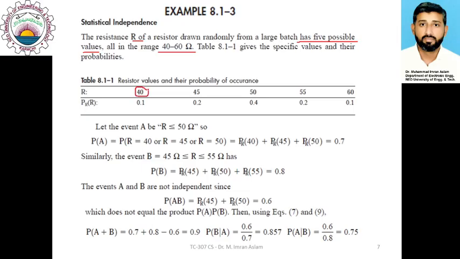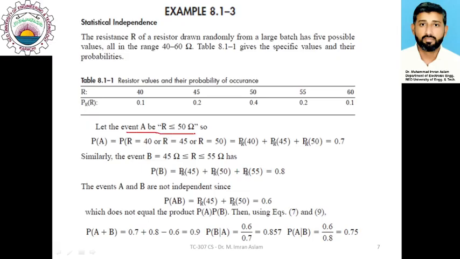The resistance of 40 has the probability of occurrence of 0.1, resistance of 45 has the probability of occurrence of 0.2, resistance of 50 has the probability of selection to be 0.4, resistance of 55 has probability of selection to be 0.2, and resistance of 60 has the probability of selection to be 0.1.